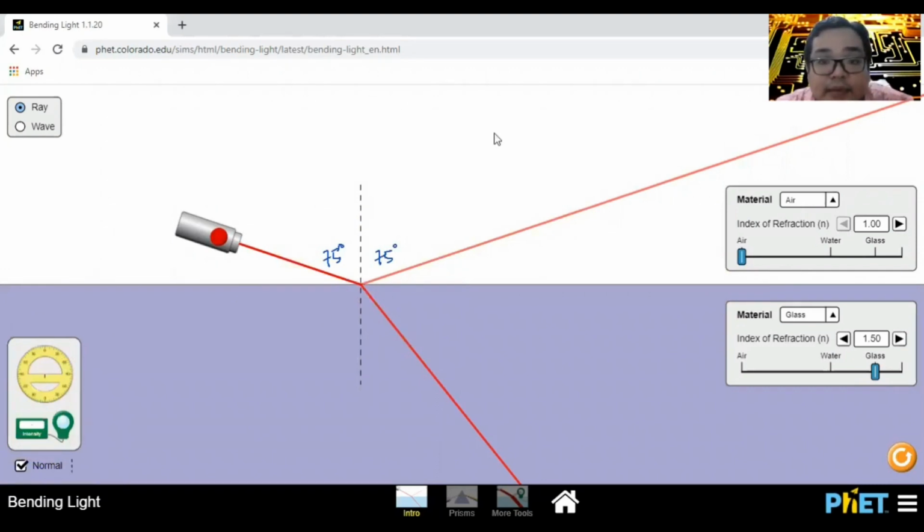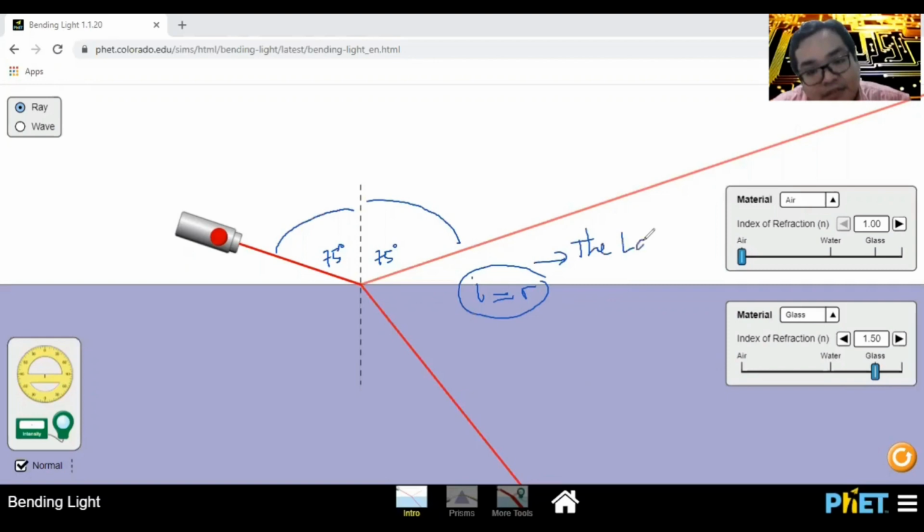So let me take note here that the angle of incidence is always equal to the angle of reflection. What we can conclude from this investigation is what we call the law of reflection, where the angle of incidence is always the same as the angle of reflection.